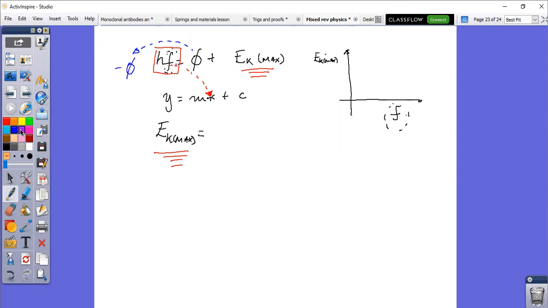So this then now becomes EK max equals, my mx is hf, plus c, which is the minus phi. So if I map everything, there we go. That's my x. So I said the work function would be plus c. Yeah, but it's not quite. This is where I was being very, very pedantic here, but I need to be because we're doing physics, so I need to be super pedantic. The c is minus phi.